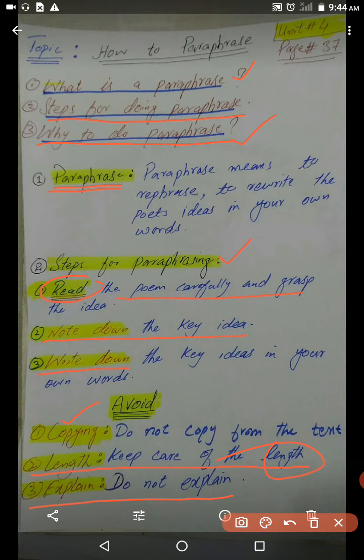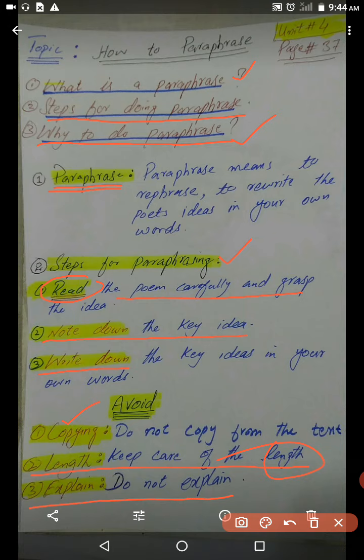So when you paraphrase it, you convert from poetry to prose, and you bring it into simple language, simple sentences. So then a reader can easily grab the idea that what the poet wants to say. So for that purpose you are doing paraphrase.